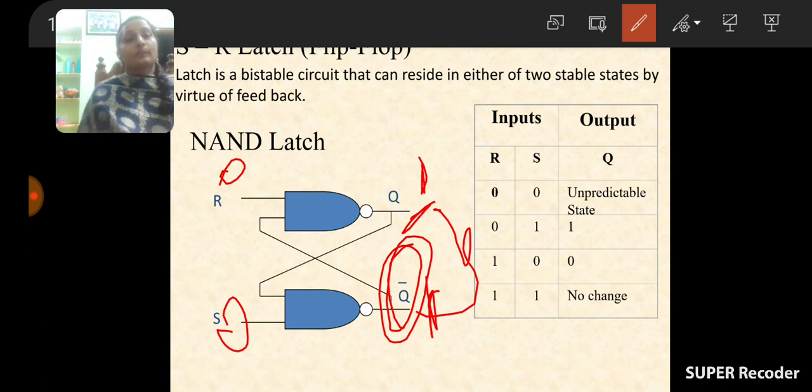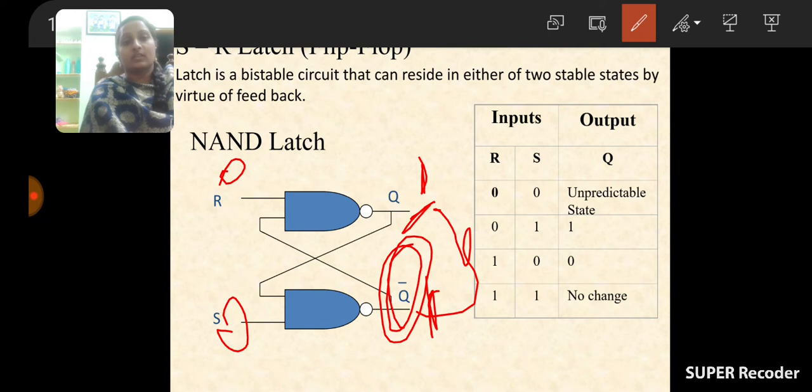In a flip-flop, the outputs are always complemented to each other. If applying inputs to the NAND latch violates this principle, those output states are eliminated and called unpredictable states. What is the name of that state? Unpredictable state. When both inputs are 0, the state is called the unpredictable state.